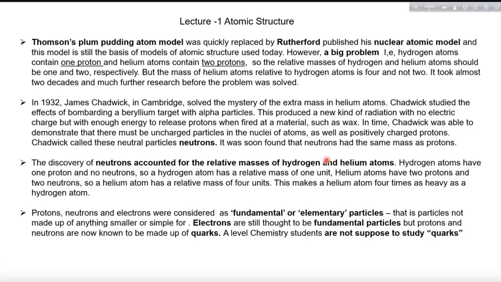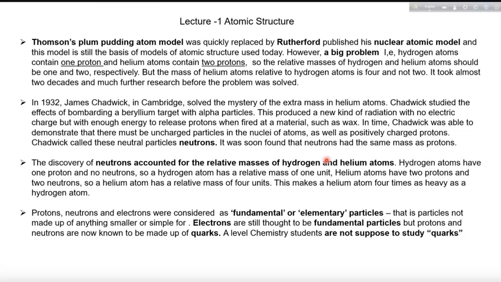The discovery of neutrons solved this big problem, showing that the hydrogen atom has got no neutrons, but the helium atom has got 2 neutrons. And thereby, helium has a relative mass of 4 units compared to hydrogen, which has a mass of 1 unit.